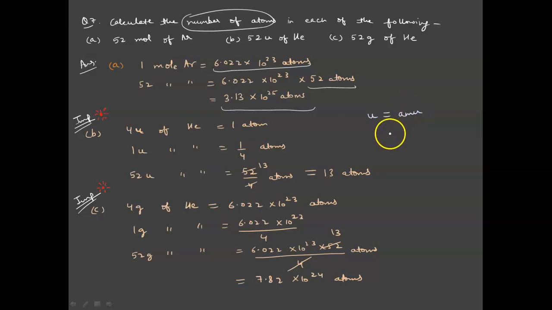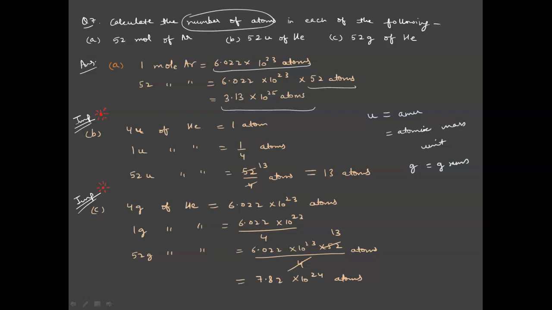It is actually the atomic mass unit, and g is basically grams. So what is the difference between u and g? u is the unified atomic mass unit, AMU. It is the standard unit for expressing mass on an atomic or molecular scale, while g, that is gram, on the other hand, is simply the molecular mass expressed in grams.